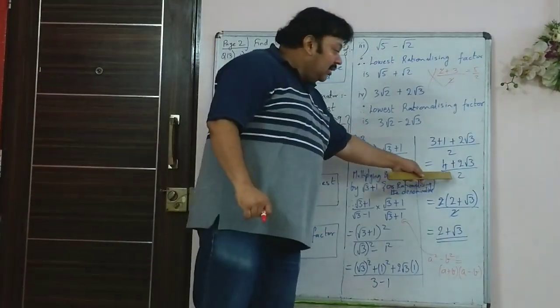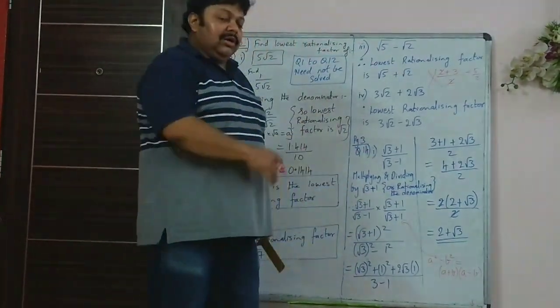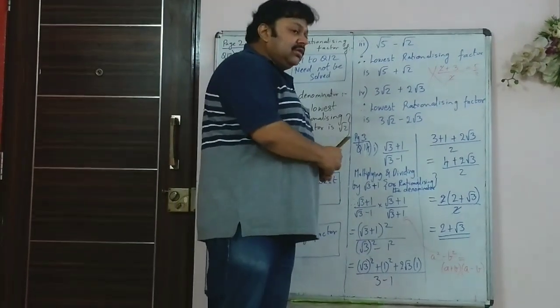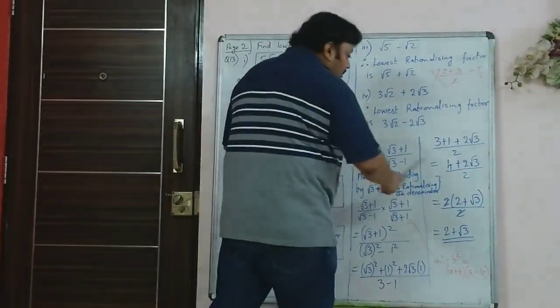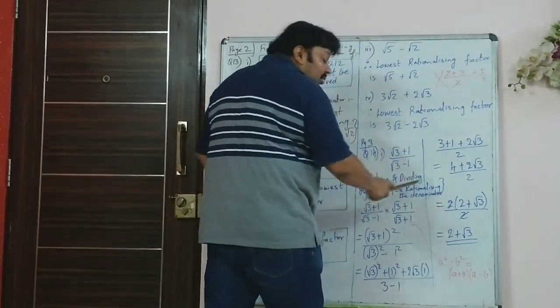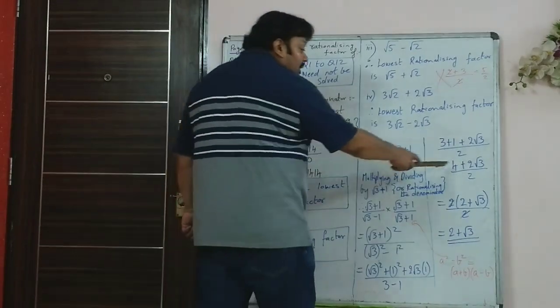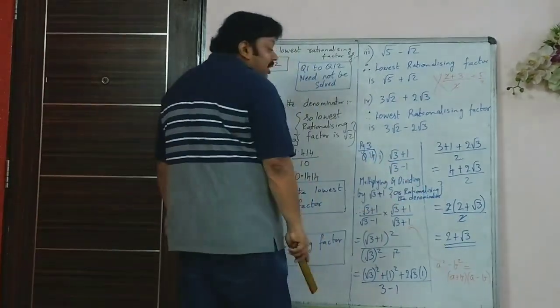But when it comes here, there are many people who do this, and even after telling, they will do it. I will definitely say at least 3-4 people will do that when it comes in the exam. So please remember this. When you have to cancel the 2, you can't cancel it directly with the numerator's 4. You have to take the common term out and then cancel it.